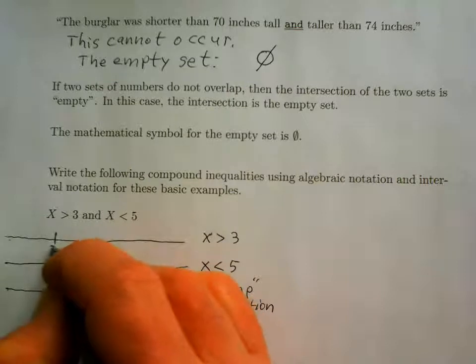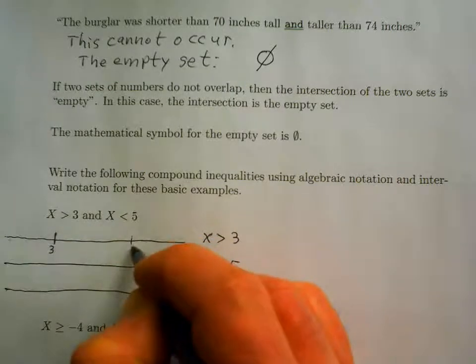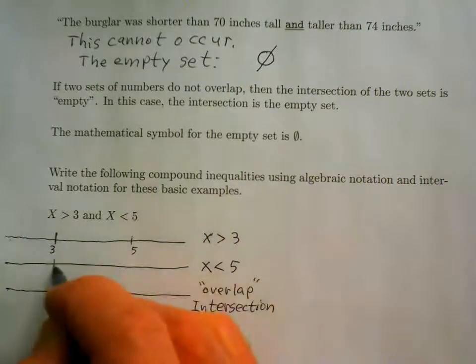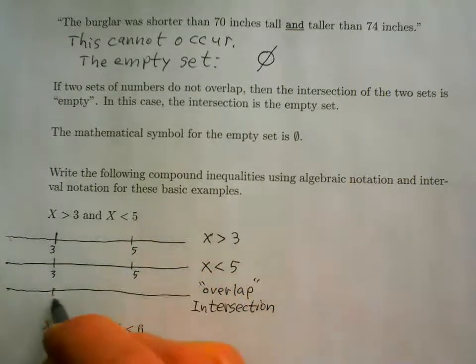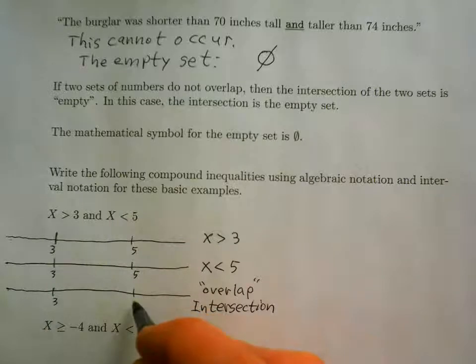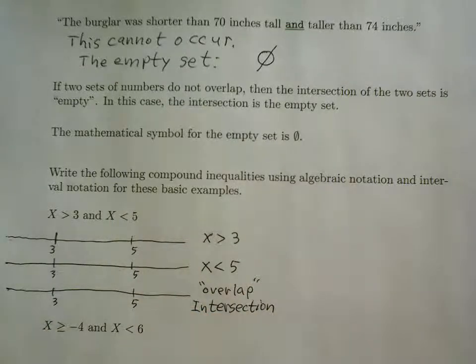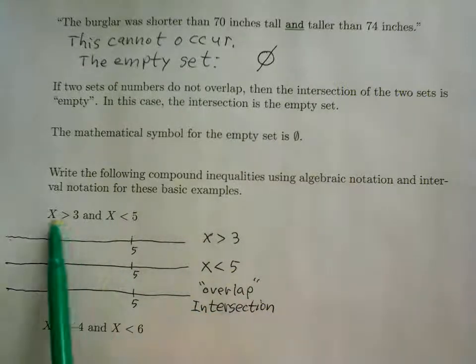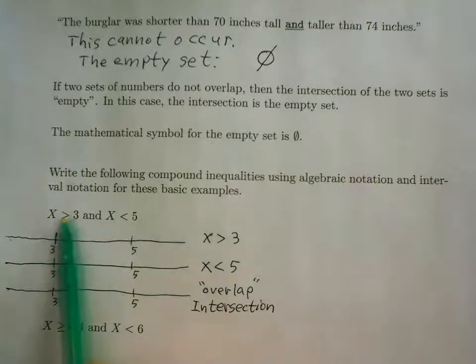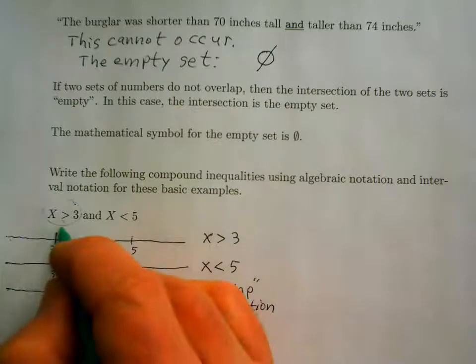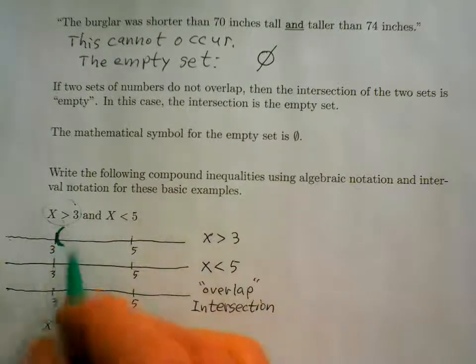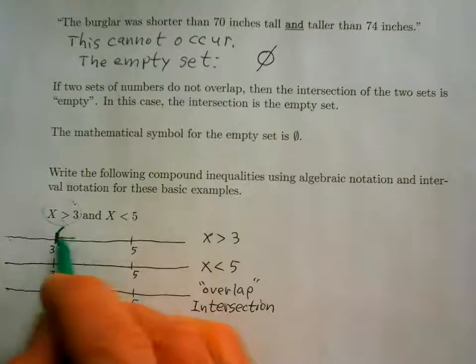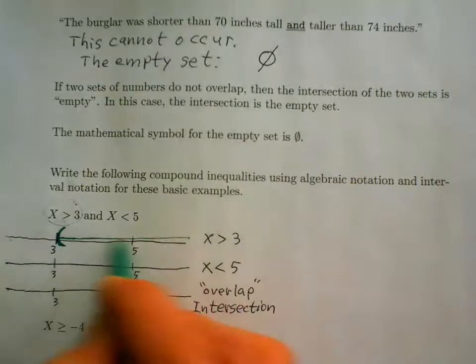Okay, so here's the number 3 and the number 5. I'll plot the numbers 3 and 5 on all three number lines. If x is greater than 3, that's what we're considering first. Then we put a parenthesis at 3 opening to the right, and then we shade everything to the right of that.